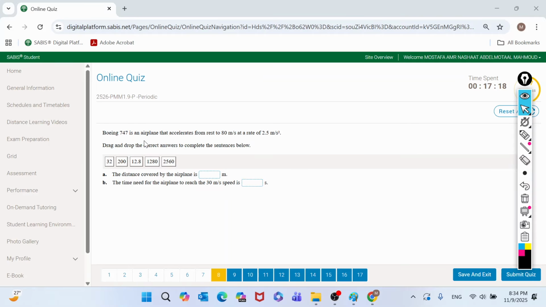Okay, a Boeing 747 is an airplane that accelerates from rest to 80 meters per second at a rate of 2.5 meters per second squared. Drag and drop the correct answers to complete the sentence below.